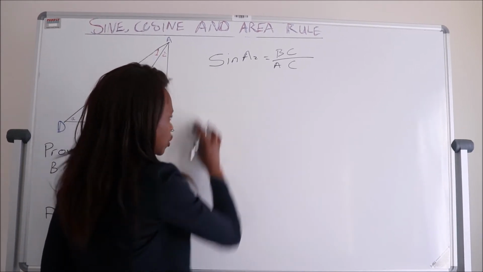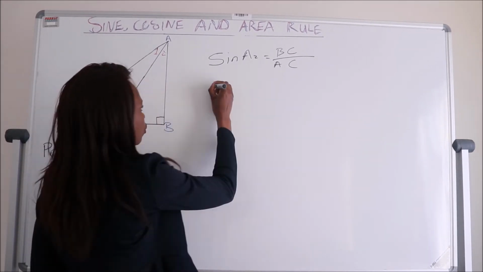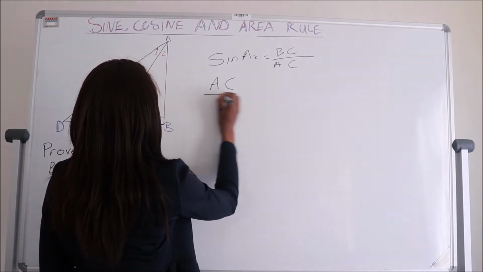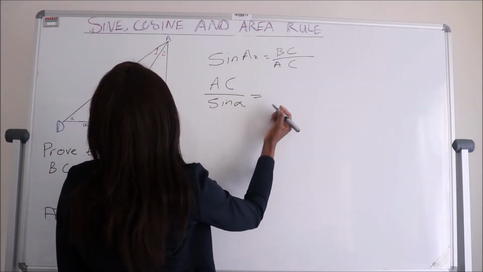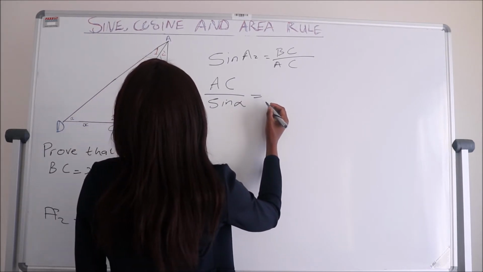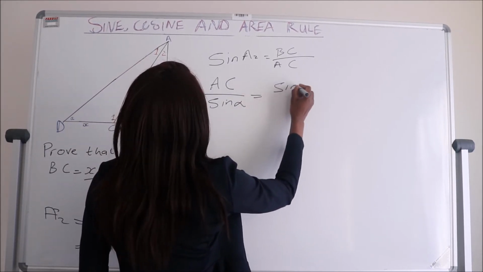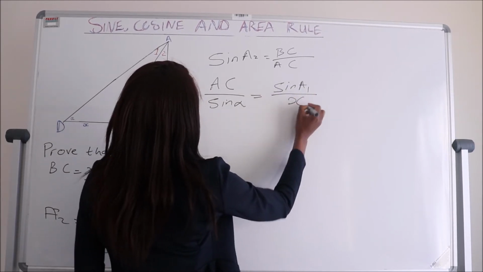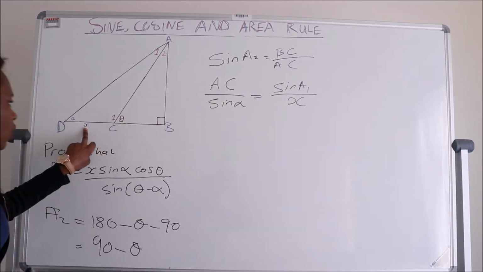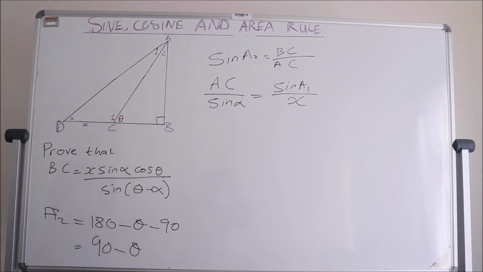I always prefer to have the unknown in the numerator. So this will be AC divided by the sine of beta is equal to the sine of A1, which is also unknown, divided by x, because we actually have the value of DC, which is equal to x.